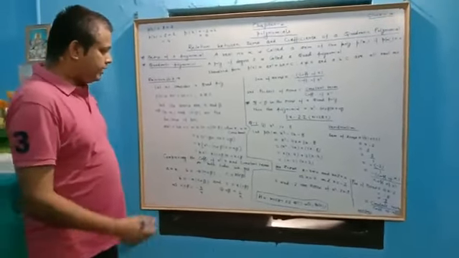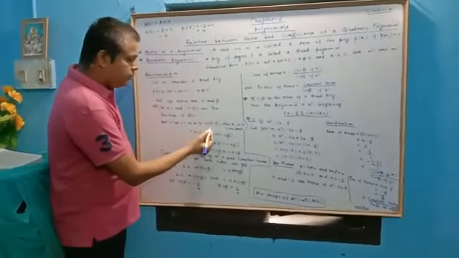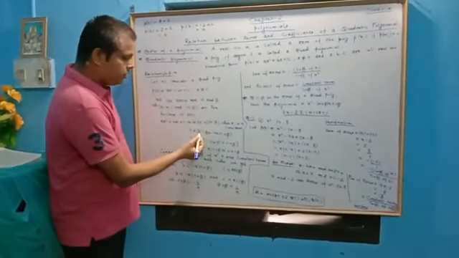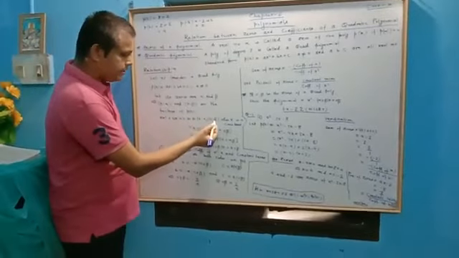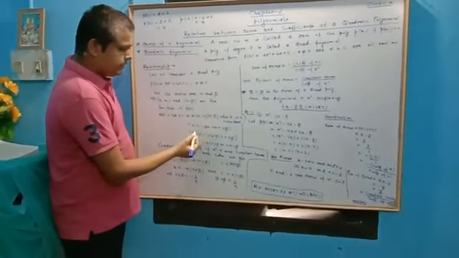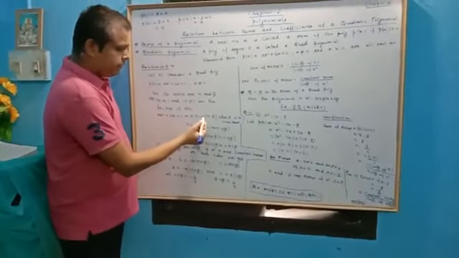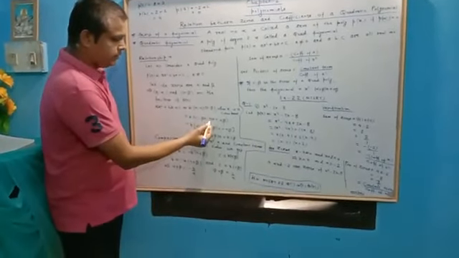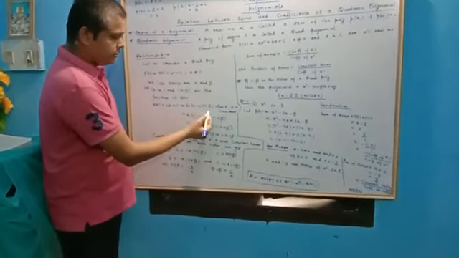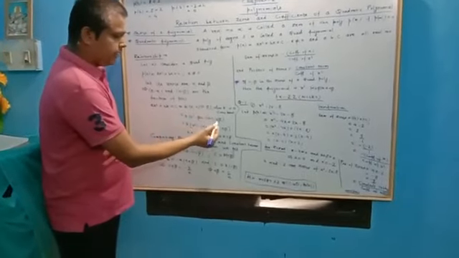Now we multiply: x into x is x square, again x into minus beta is minus beta x, next minus alpha into x is minus alpha x, minus into minus is plus alpha beta.